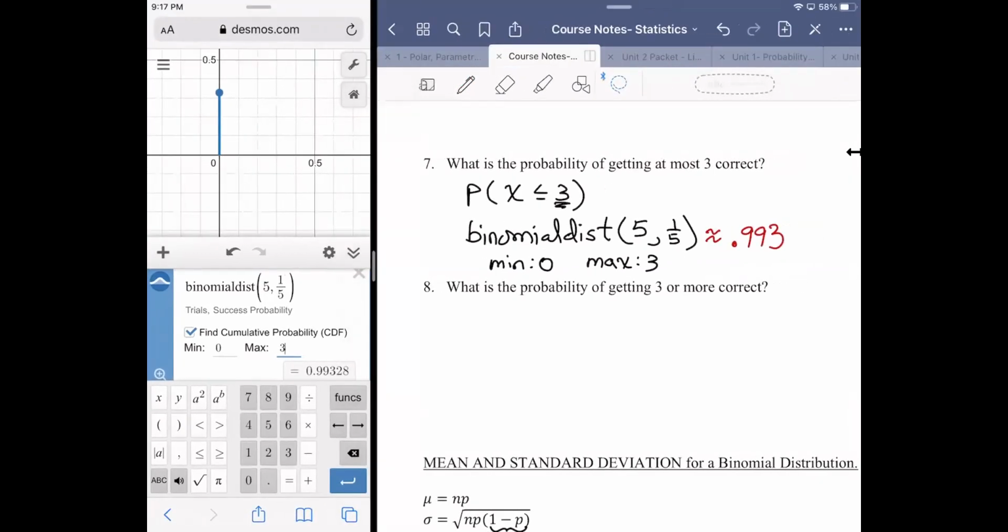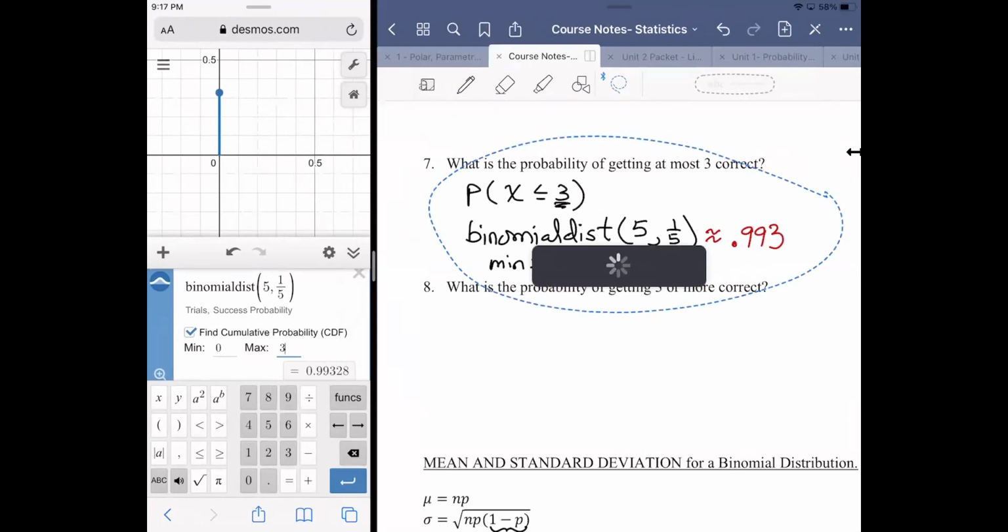Now 3 or more correct, that's going the other way. I can still do a little copy pasting here.